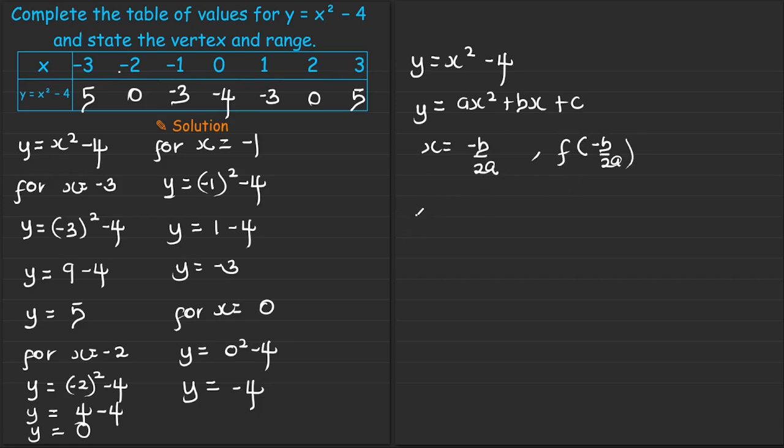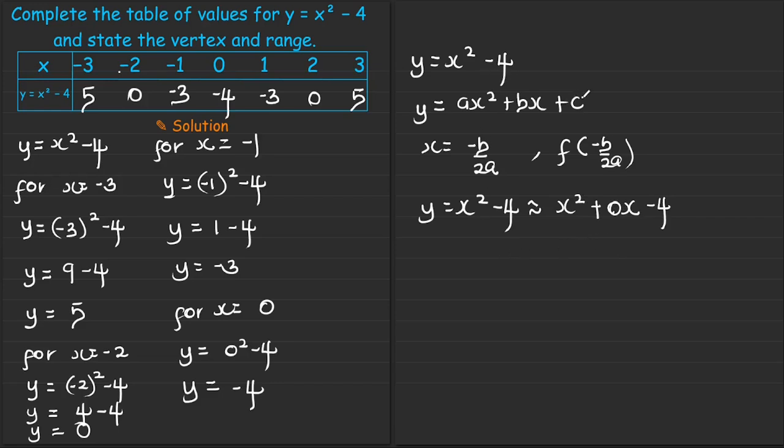From here, we know our a is equal to, so comparing it to what we have here, mind you, our y equals x squared minus 4 can be written as x squared, then plus 0x, and then minus 4.